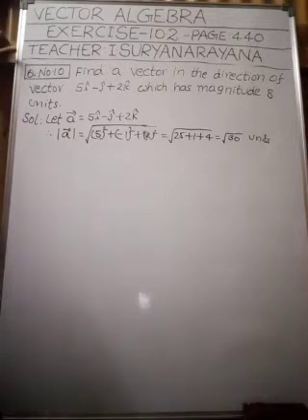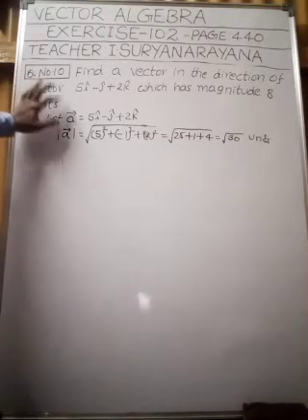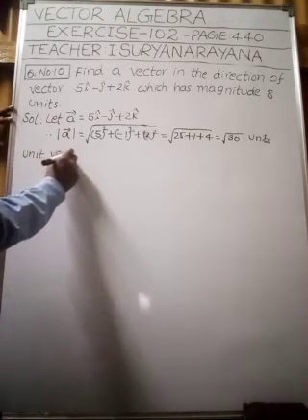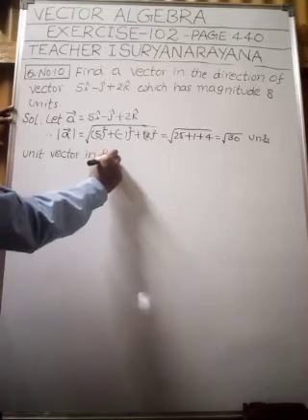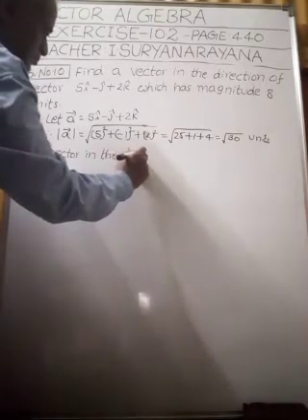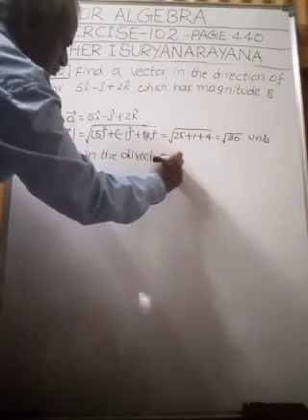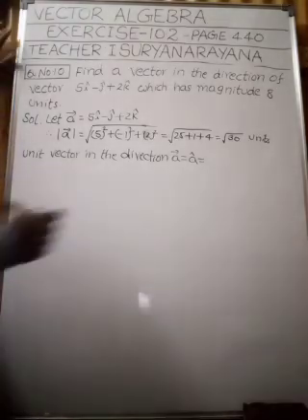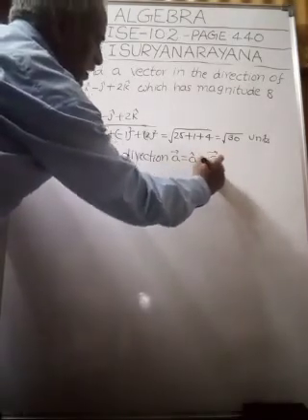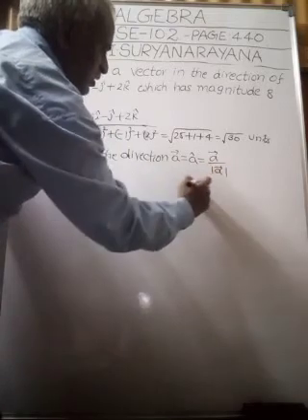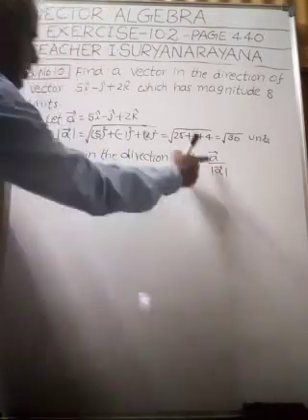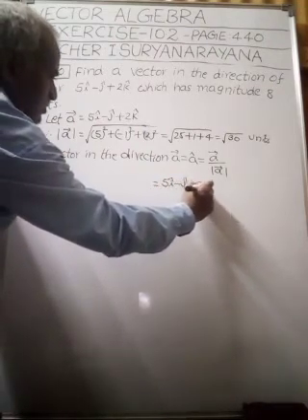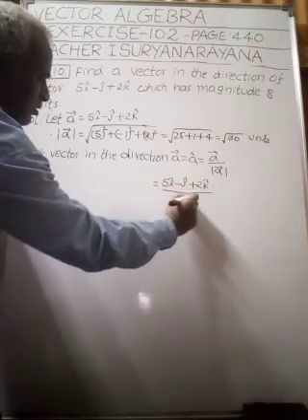Okay, my children? Right. Now let us find the unit vector in the direction of A bar. Unit vector in the direction of A bar is equal to A cap. It is denoted by A cap. How do you find it? A bar by modulus of A bar. Yes or no, my children? Right. That is equal to, what is A bar here? 5i cap minus j cap plus 2k cap by root 30.